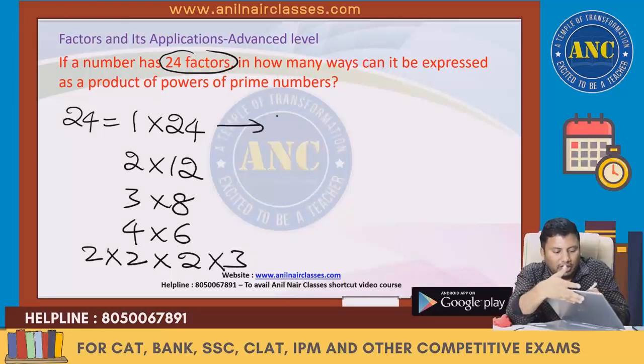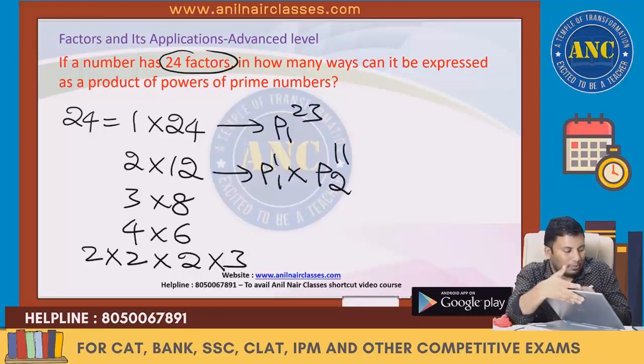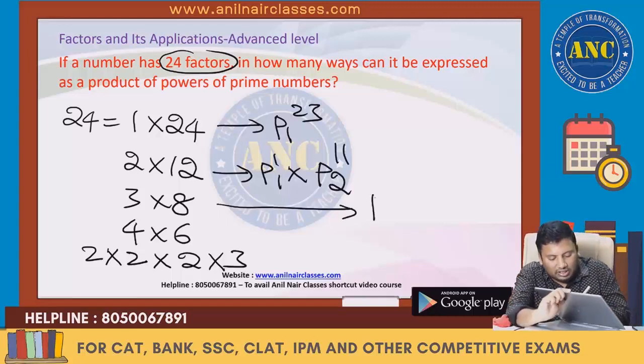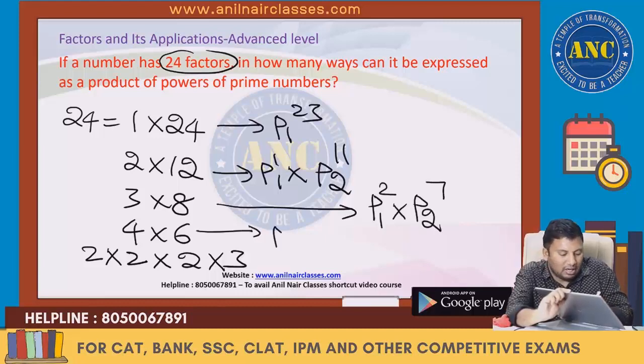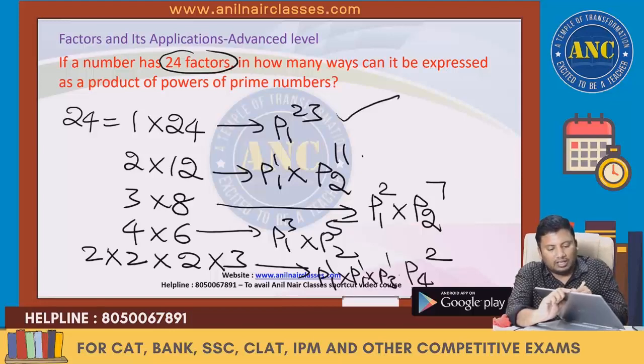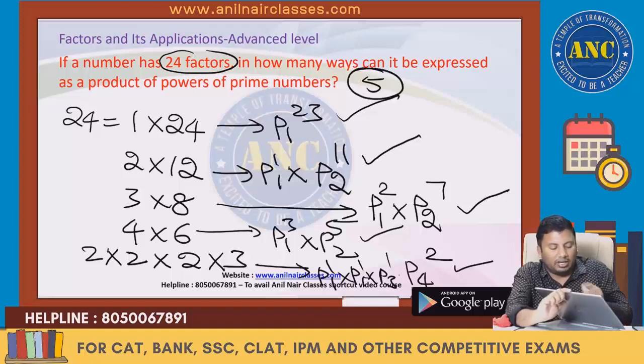So 24 is P1 power 23, P1 power 1 into P2 power 11, P1 square into P2 power 7, P1 power 3 into P2 power 5, and P1 power 1 into P2 power 1 into P3 power 2. One way, second way, third way, fourth way, fifth way. You can write it in 5 ways.